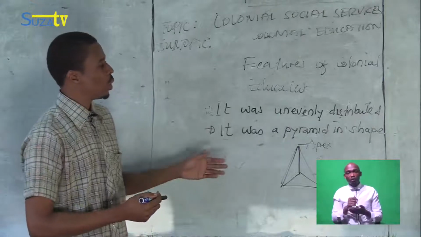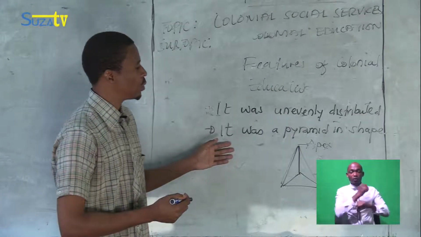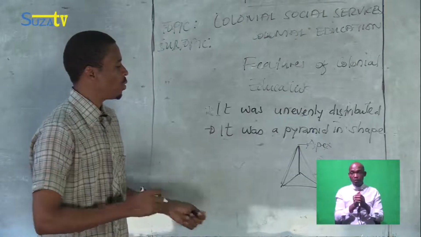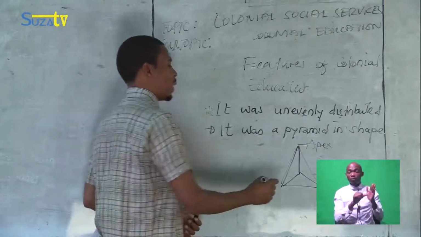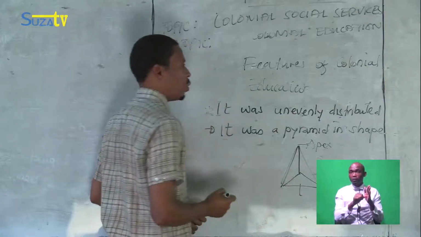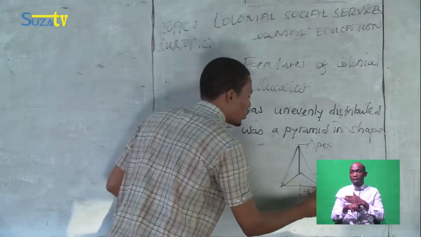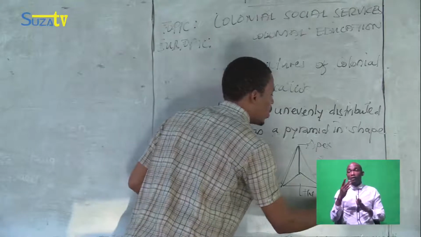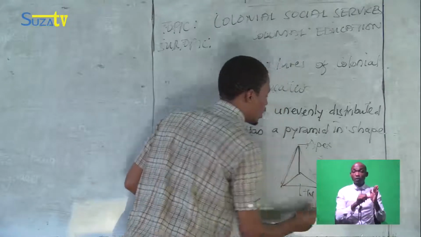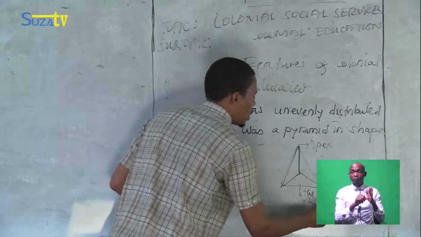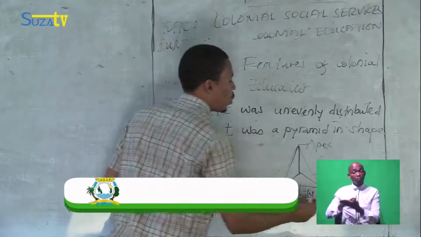So during colonial education, the number of students at the bottom or base level was very high.